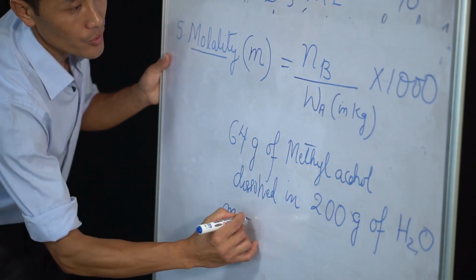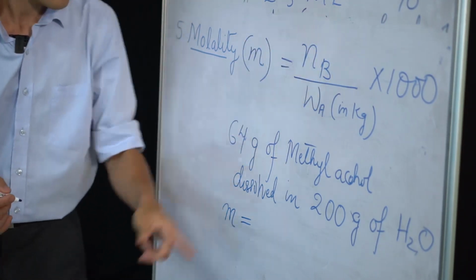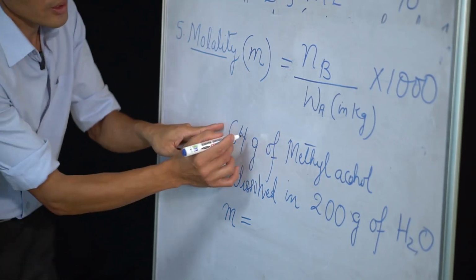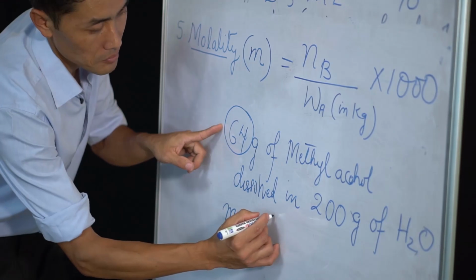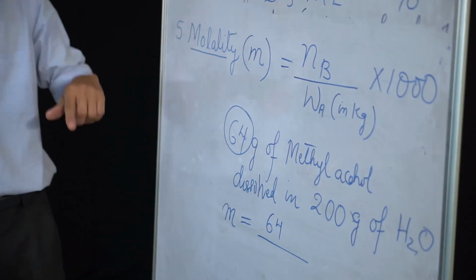Molality will be given by number of moles of the solute, which is again given by mass of the solute, that is 64 gram, divided by its molecular mass.